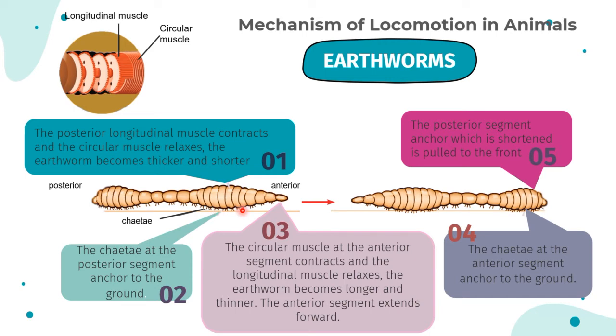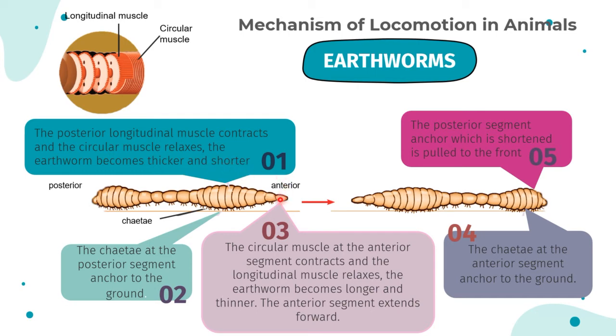Now let's go through what happens when the earthworm moves. The posterior longitudinal muscle contracts and the circular muscle relaxes, and the earthworm becomes thicker and shorter.